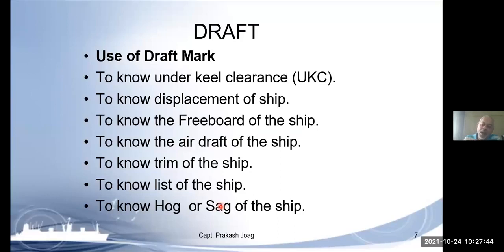So a ship also has this sort of effect, sagging as well as hogging, because when the ship is long, the loading weights are uneven, not equal, or not balanced uniformly all over, then you will have hog or sag. That can also be found out by reading the draft from all 6 sides: forward 2 places, midship 2 places, and after part of the ship 2 places.